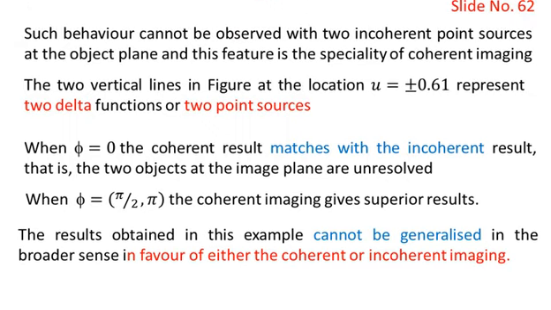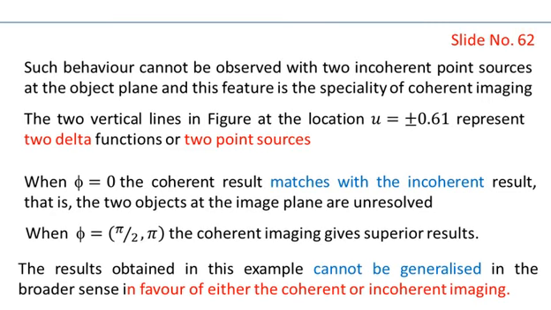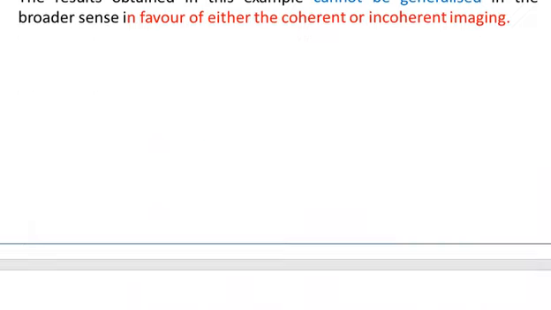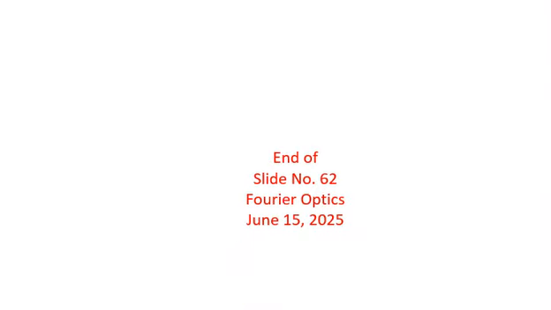Here we have obtained the superiority of the coherent system by considering this example, but the debate is still continuing, and we leave it to the readers to investigate further which system gives superior results. So this is the end of slide number 62.